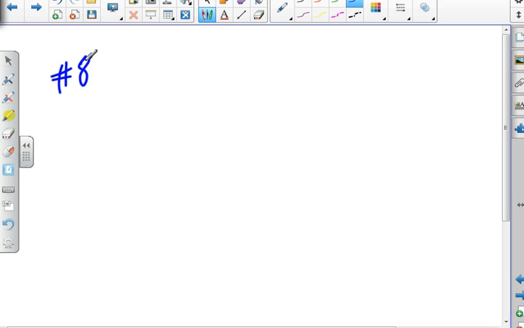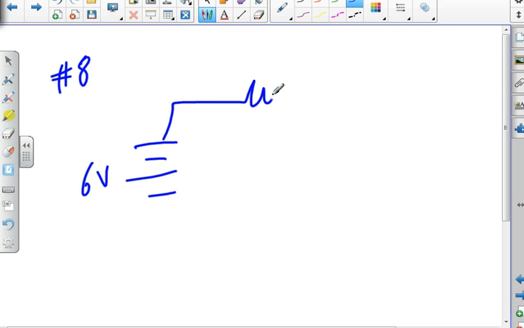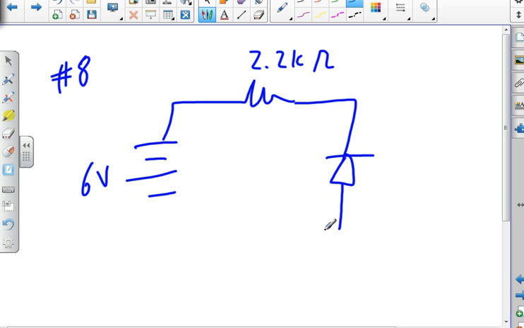Determine the values of the voltage across diode 1, the voltage across resistor 1, and the total current in figure 44A. Alright, so we have 44A: 6 volts, one lousy resistor, 2.2 k ohms, and a diode, D1.